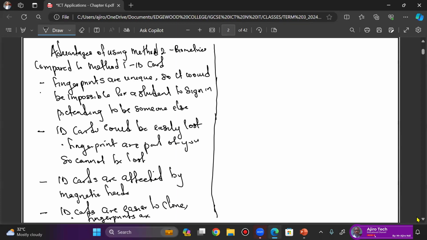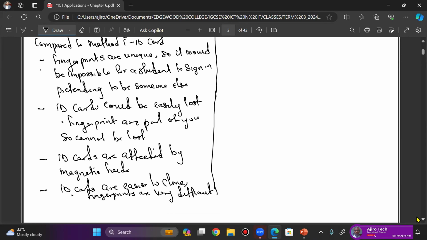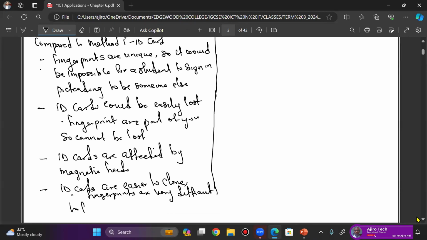Yes, people have a way around it, but it's very difficult. Let's put the words: fingerprints are very difficult to forge. So this is an advantage compared to that.